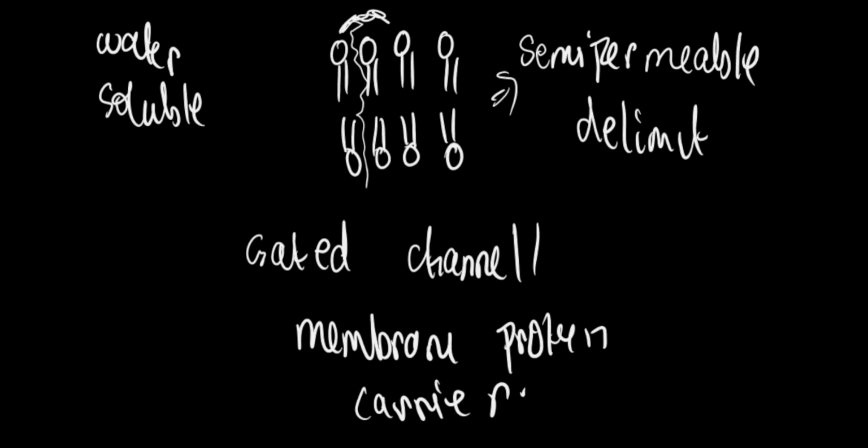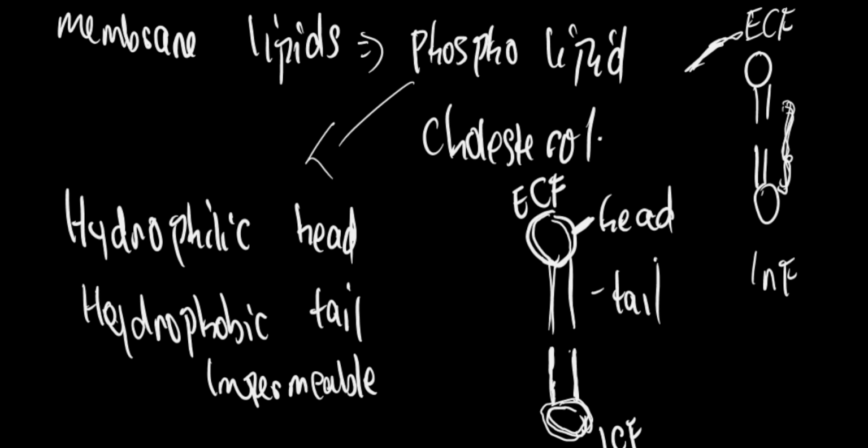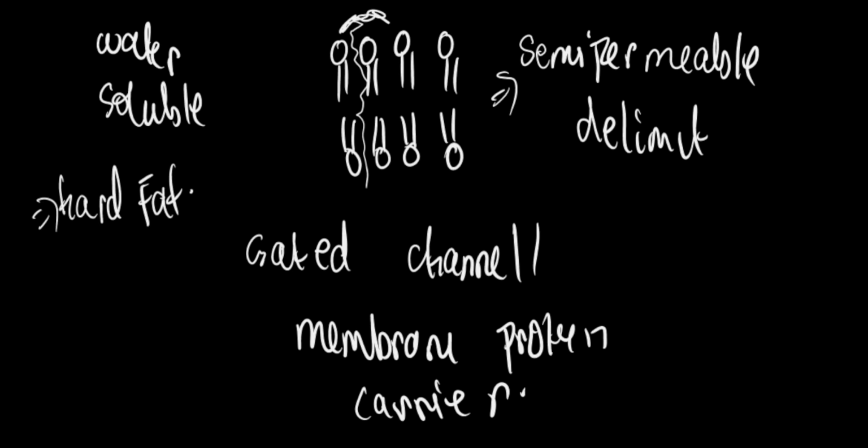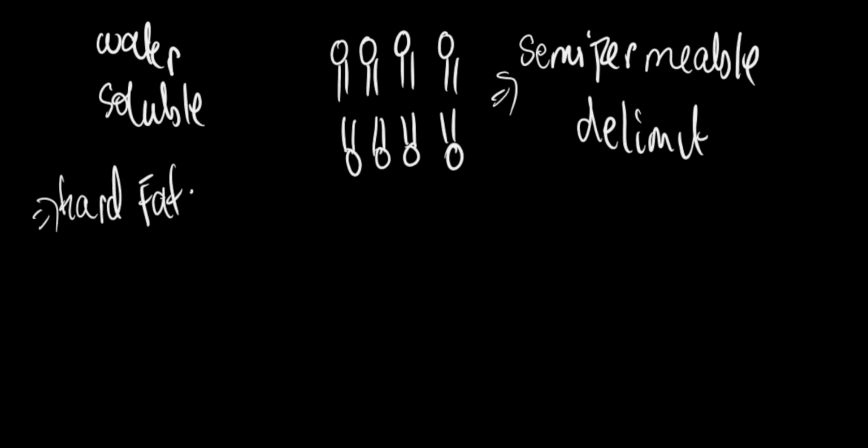Now, taking a look at the other lipid that we have, which is cholesterol. Generally, the phospholipid bilayer is kind of fluid. As we're going to see, the idea of the fluidity of the plasma membrane is a theory known as the fluid mosaic theory.